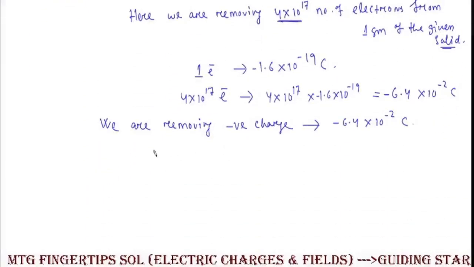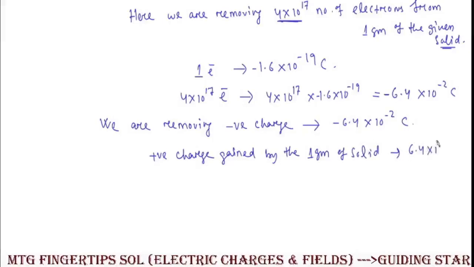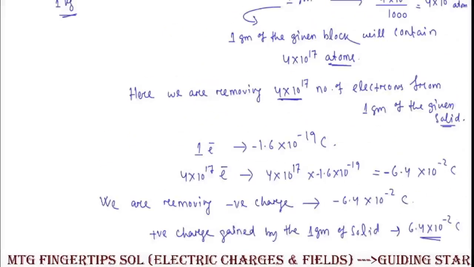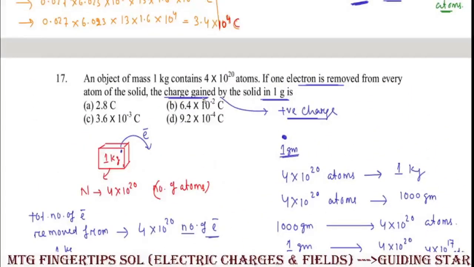That means the positive charge gained by the 1 gram of solid will be 6.4 into 10 to the power minus 2 coulombs. So finally the answer will be 6.4 into 10 to the minus 2 coulomb. That means option B will be the correct one.